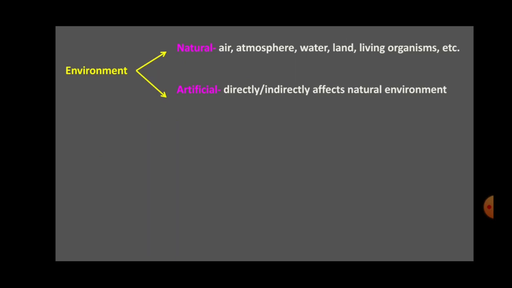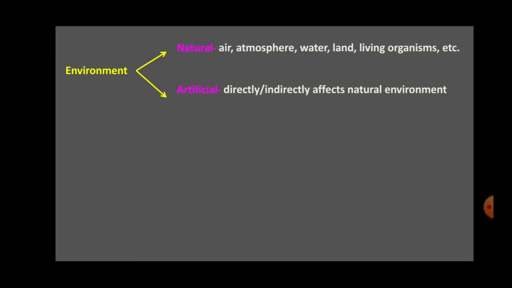I have given you a simple smart art so you get an idea. Natural, we have air, atmosphere, water, land, and the living organisms which are naturally present. Artificial, now this artificial environment directly or indirectly affects our natural environment. Examples of artificial environment are farms, fish tanks, and the prawn culture that is very much trending.